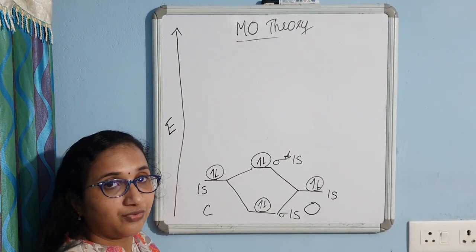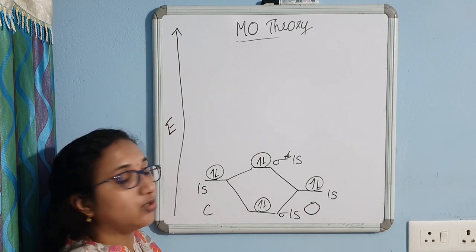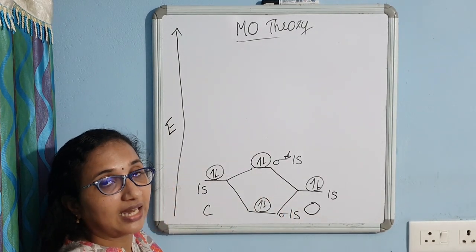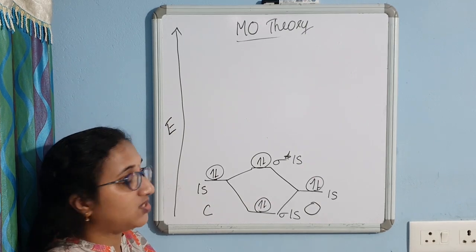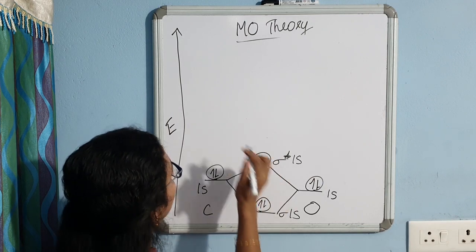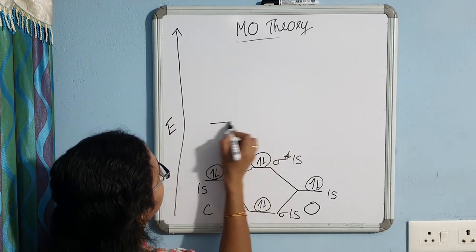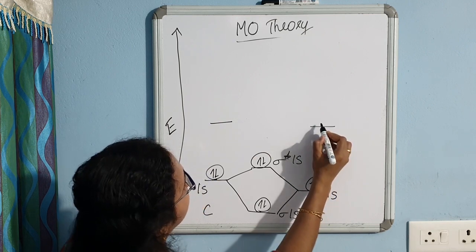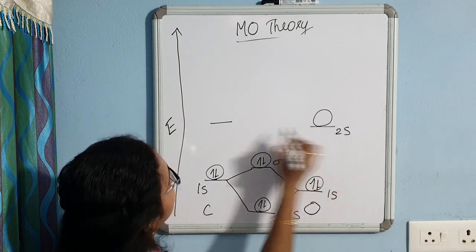In the case of a homonuclear diatomic molecule, the electrons in all the molecular orbitals have equal characteristics from both the atoms, but here it is not so. And in the same way, when we draw the 2s atomic orbital, we also have to show that slight change in energy.